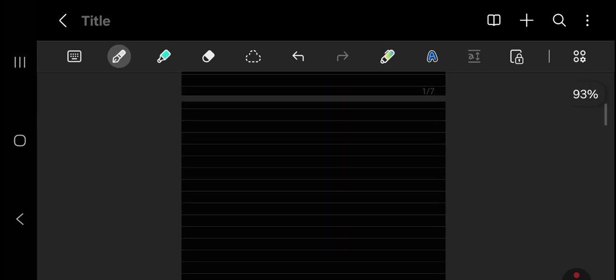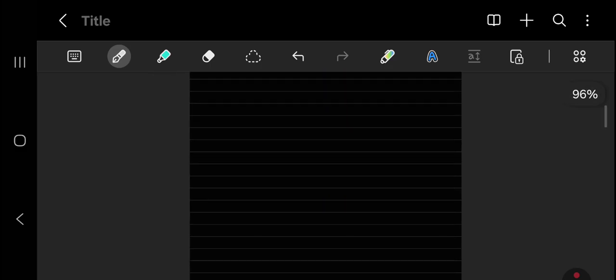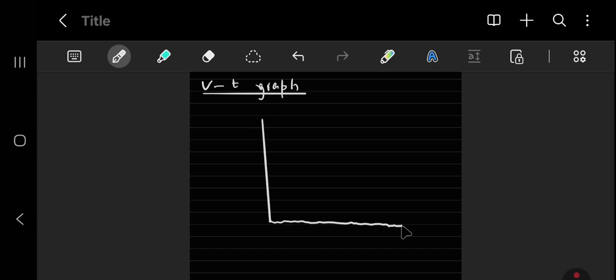Then from here, let me try to plot those points so that you can see how it's going to look. So for your velocity time graph, now it's going to look something of this nature. So here you still got your time in seconds, and then here you have your velocity in meters per second, right?